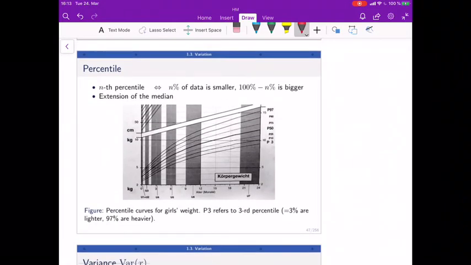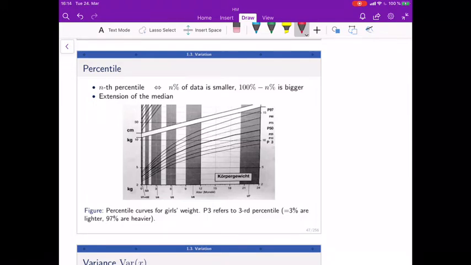More commonly used are the percentiles. You already know one, the median. That's the 50th percentile, meaning 50% of data points are smaller, 50% are bigger. Now we can create the same thing for any sort of percentage.